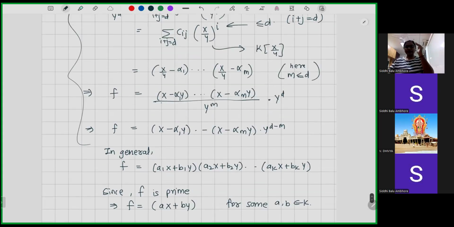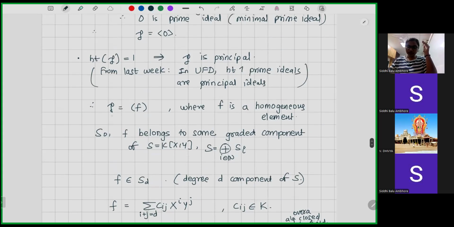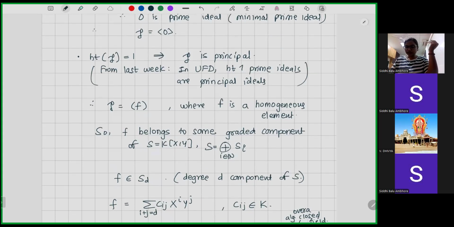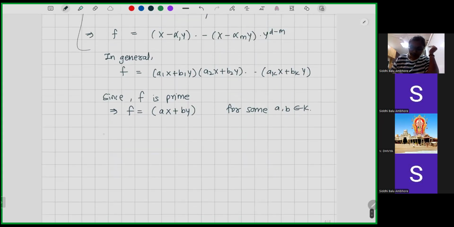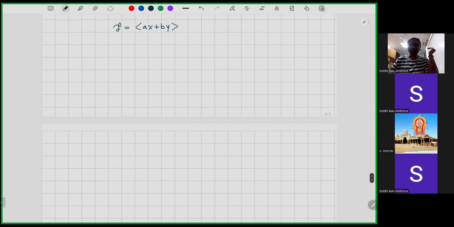So if I start with some height 1 prime ideal in Proj S, I end up getting that this P is the ideal generated by ax plus by. So what can I say from here?